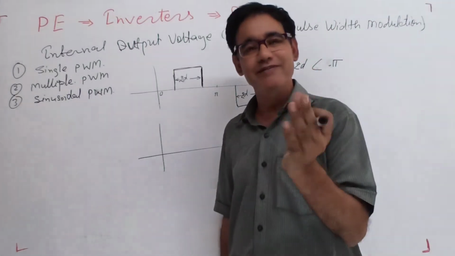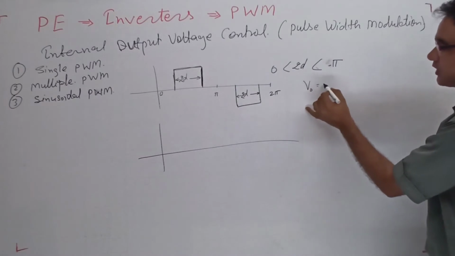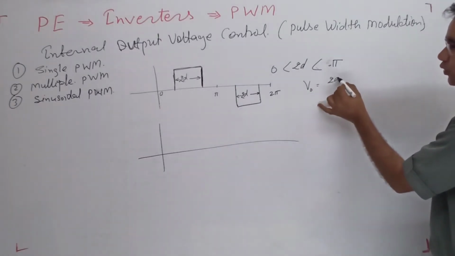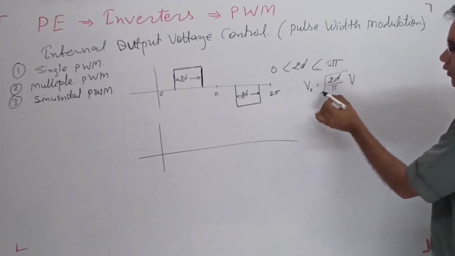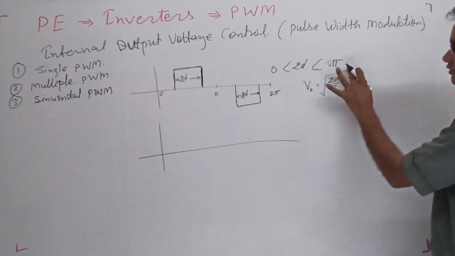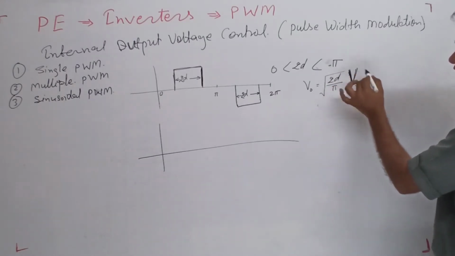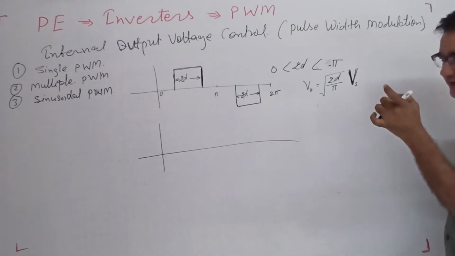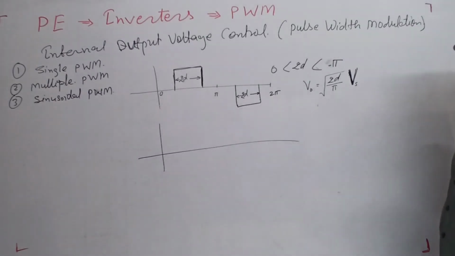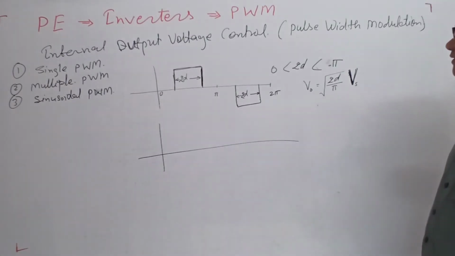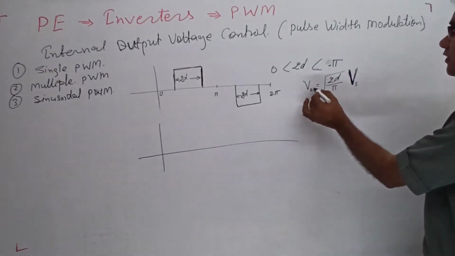So the output voltage is square root of 2d divided by pi, times Vs. Vs is the source voltage. The output voltage is available for the 2d duration in a pi interval of time, so it is 2d upon pi into Vs. That is the RMS value of the output voltage.